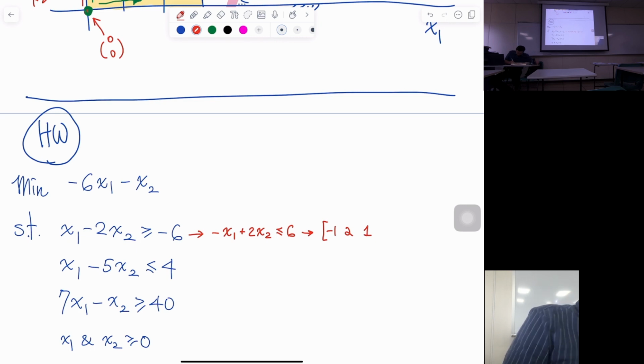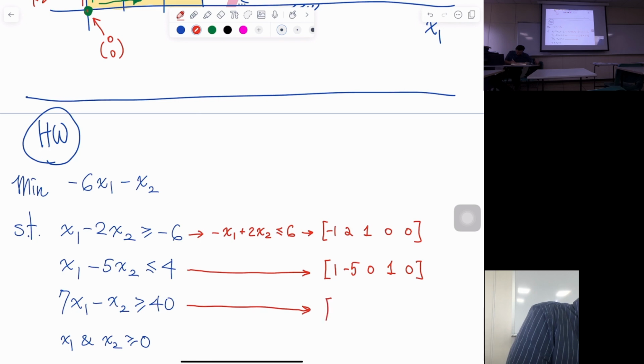Here I have slack variables 0 and 0. And this one we can do 1 -5 slack variable, okay. This one, it has to be a surplus 7 -1 0 0, but here -1.